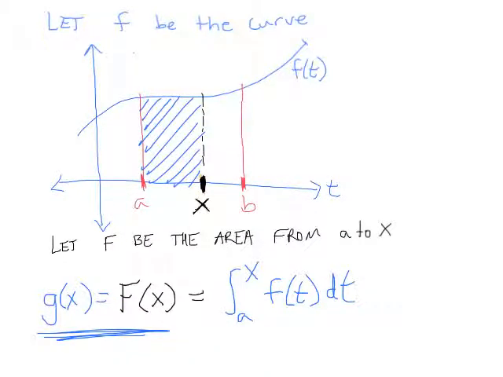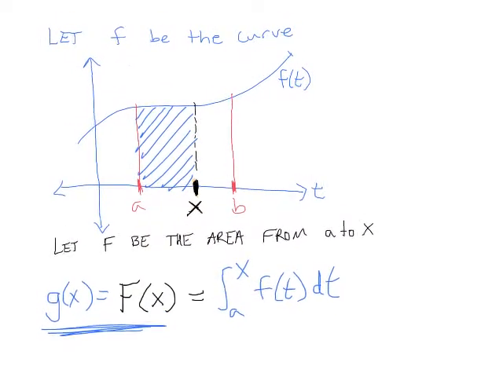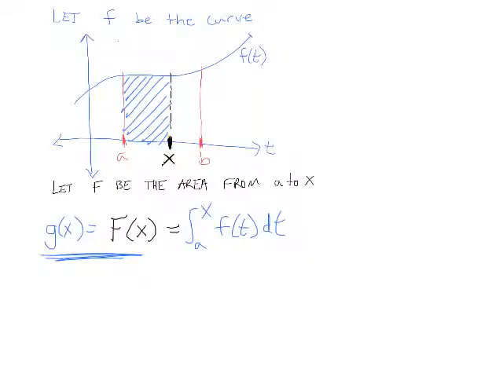Alright, so now that we've created this function, big F, or if we want to call it g, let's ask ourselves what happens when we take the derivative of this. We're taking the derivative of big F of x, or g prime of x.